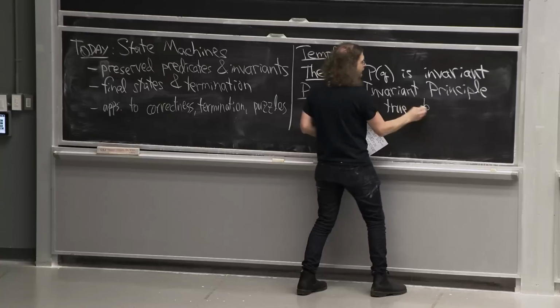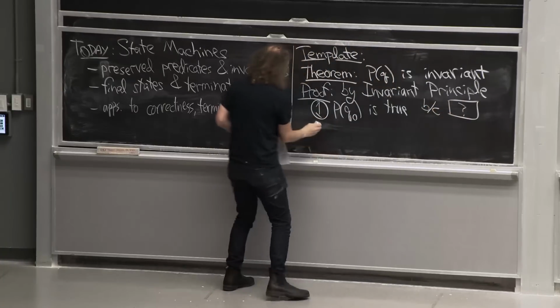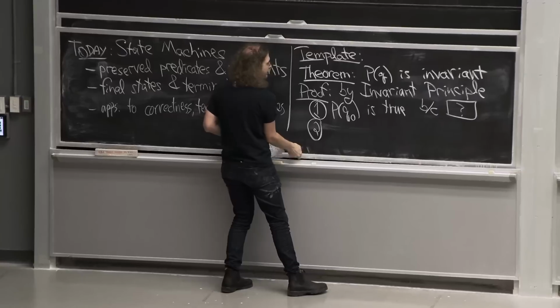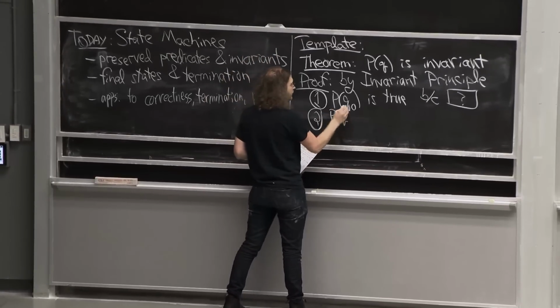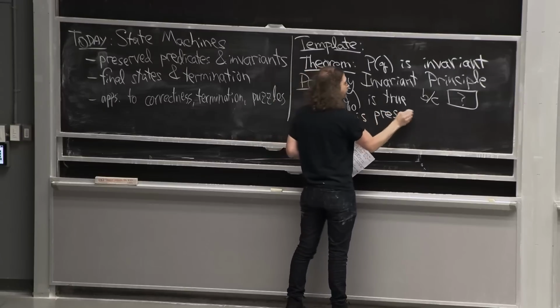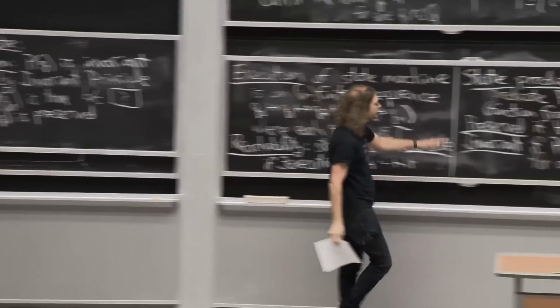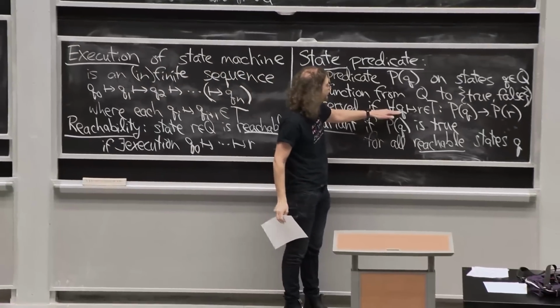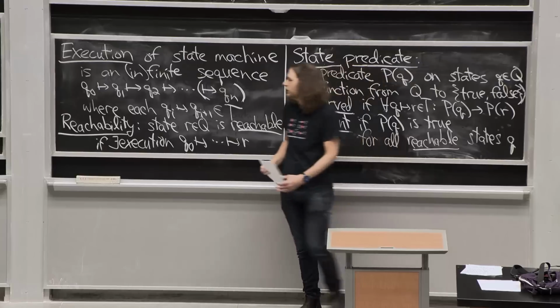And in a template, we just say because reasons, which we have to fill in. And the second thing is that P of Q is preserved. That's the more interesting thing. For this, we need to unroll the definition of preserved. It says for all transitions Q to R, P of Q implies P of R.